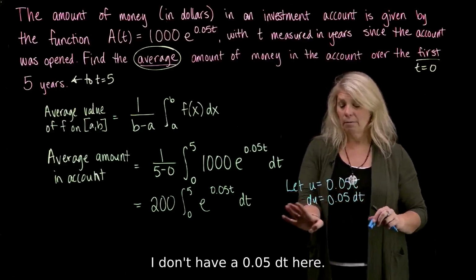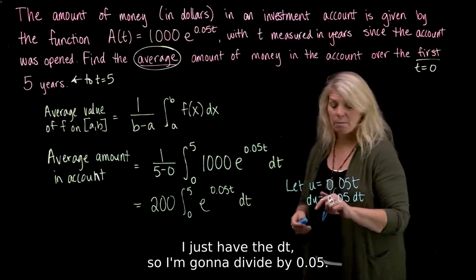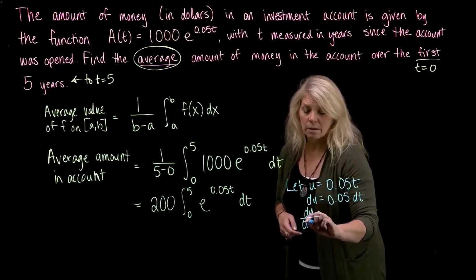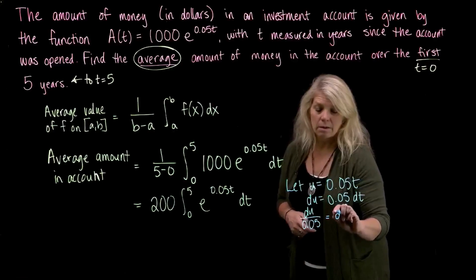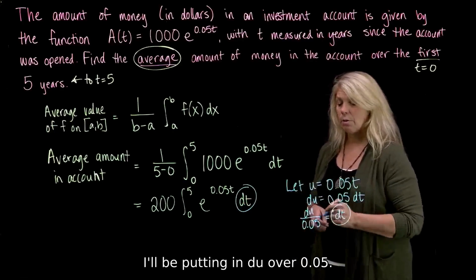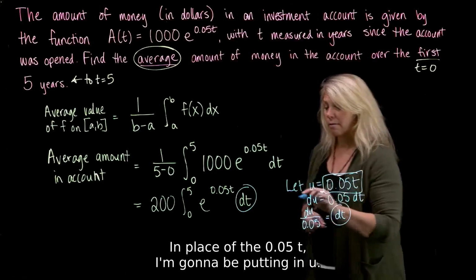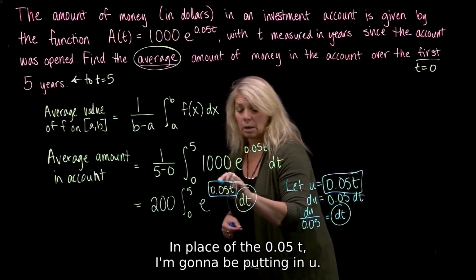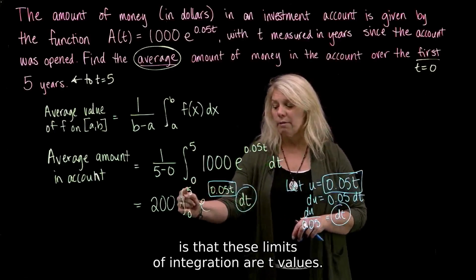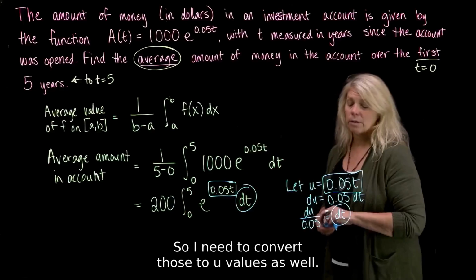I don't have a 0.05 dt here. I just have the dt, so I'm going to divide by 0.05. So in place of the dt, I'll be putting in du over 0.05. In place of the 0.05t, I'm going to be putting in u. And the other thing that you have to be careful about is that these limits of integration are t values. So I need to convert those to u values as well.